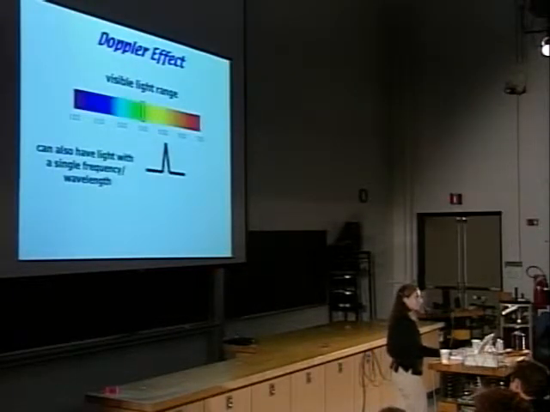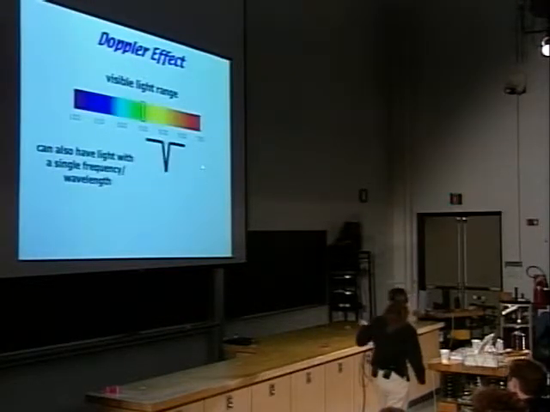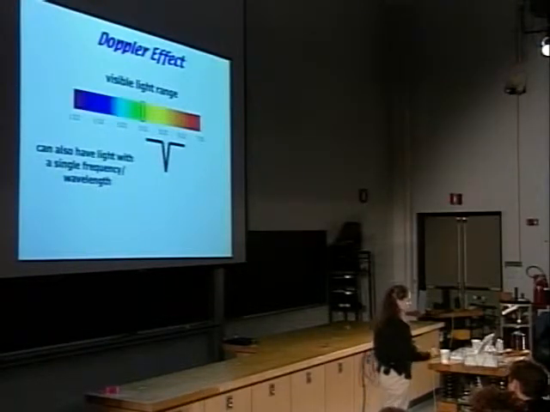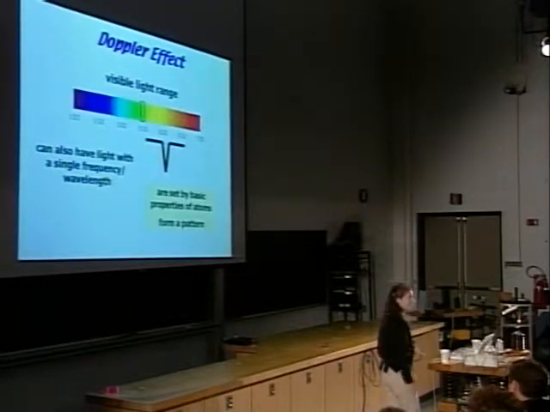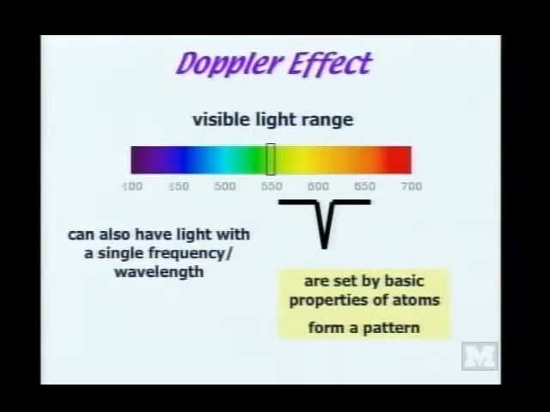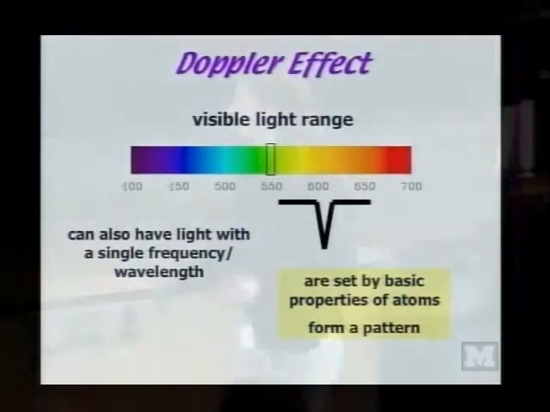Equivalently, you could also have an object which had an even range of light with all sorts of colors and suddenly have no light there. What usually would produce these things are the basic properties of atoms. Every atom has a certain ability to either emit light or absorb light at certain points in the light spectrum. These form a pattern that we'll be able to recognize across from any source.